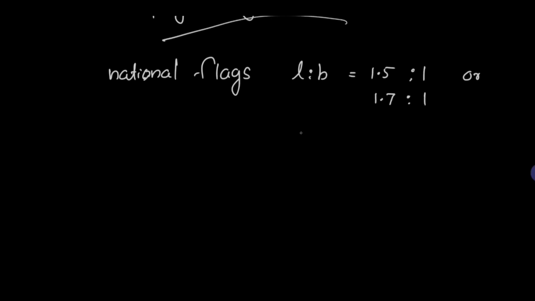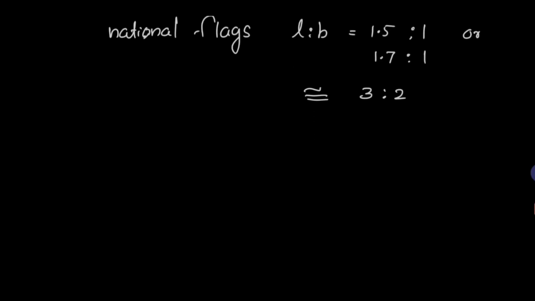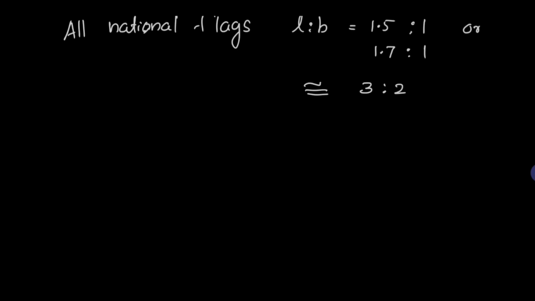This is approximate. Multiplying both sides by 2, which is our constant, it is roughly 3 is to 2. This is the ratio of all national flags, not only ours. All countries follow this ratio.